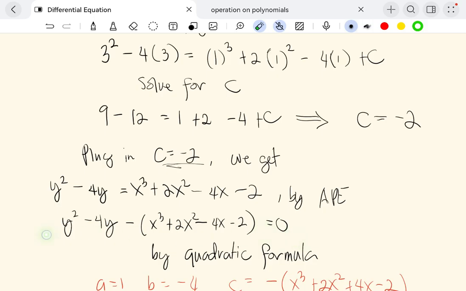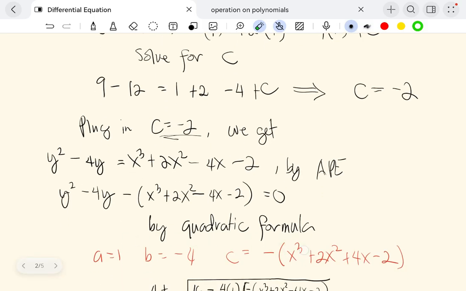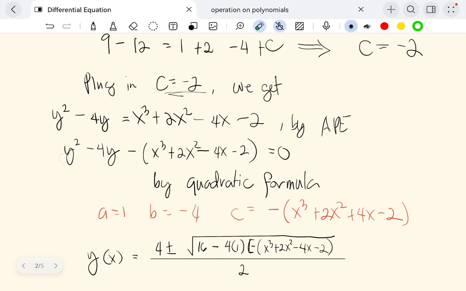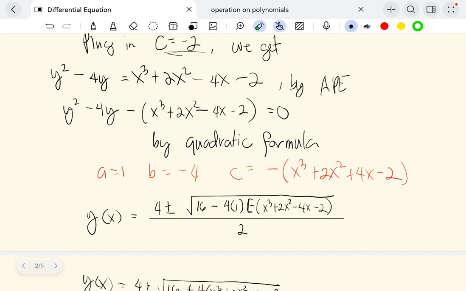And as you can see, y squared minus 4y minus this one follows the quadratic formula in terms of y. So it is a quadratic function in terms of y. Using the quadratic formula, we need to solve for the value of y, with a equal to 1, b equal to negative 4, and c the whole thing.